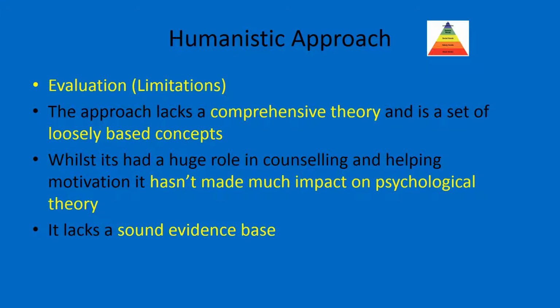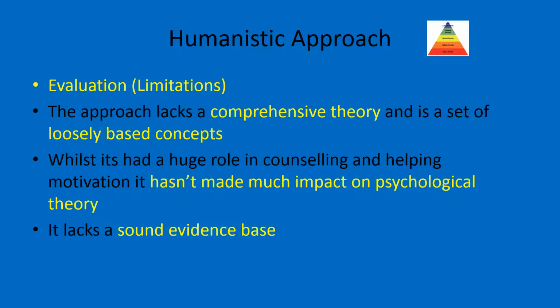Now, I've only put a few evaluation points here, but as we've been going through this, hopefully you've picked up a few others. You know, ideas of determinism and free will. You might even think about nature versus nurture there. Another way to evaluate this is to compare it to another approach. So are there other approaches that do a better job?